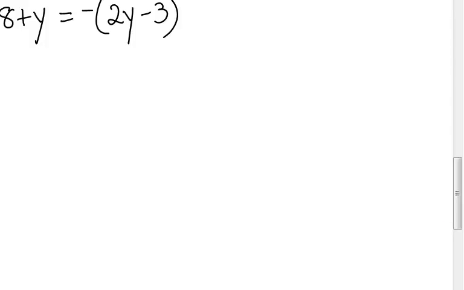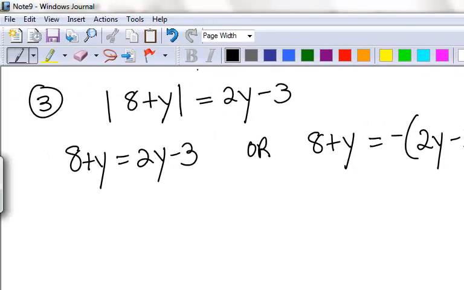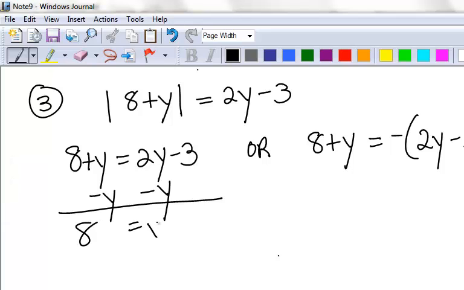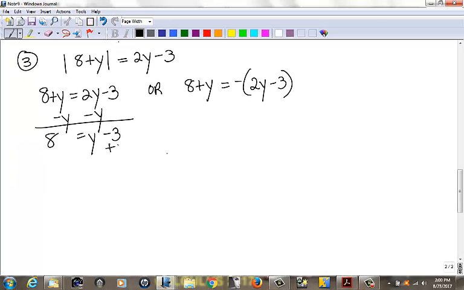Now you work both parts. We've got two problems. The bad part with absolute values is every time I give you an absolute value problem, I'm giving you two. So solve. I'm going to get the y's together first, and I get y equals 11. You agree with that?